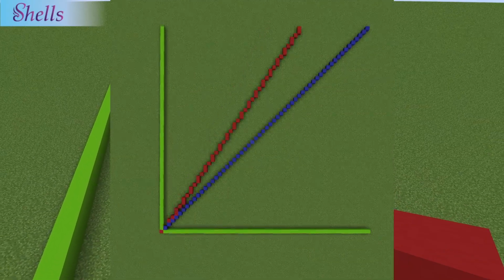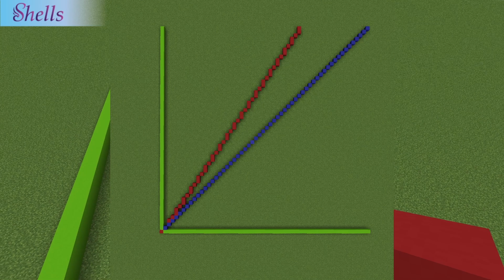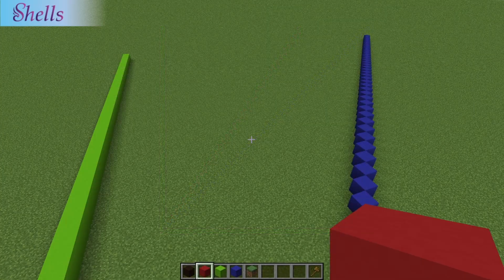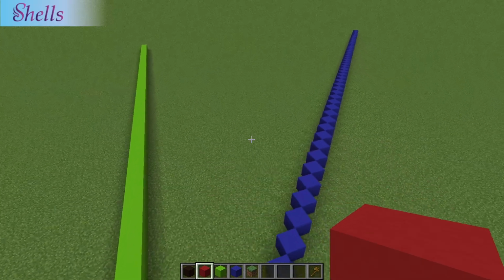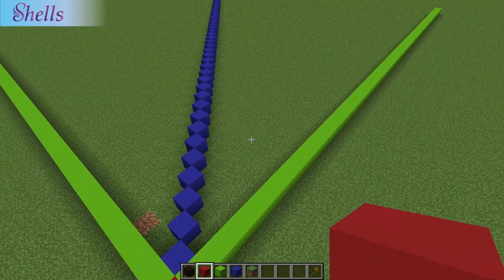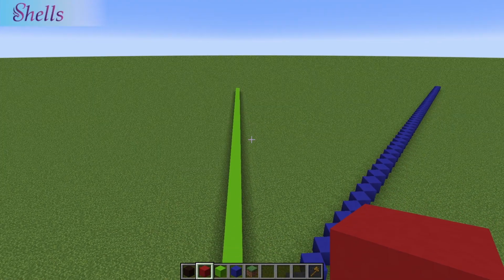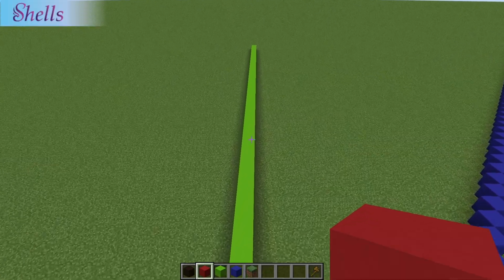Or it can be a more complex pattern of, say, a 1, 1, 2, 1, 1, 2 kind of pattern, like this one. So here we have our 90-degree angle and our 45-degree angle. As you approach the 90-degree angle, the block count for your pattern is going to increase.